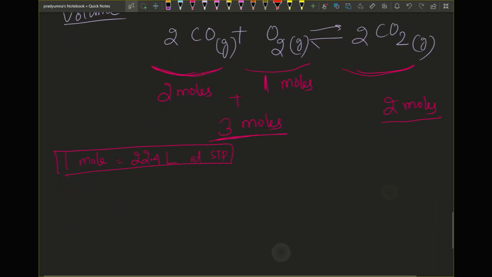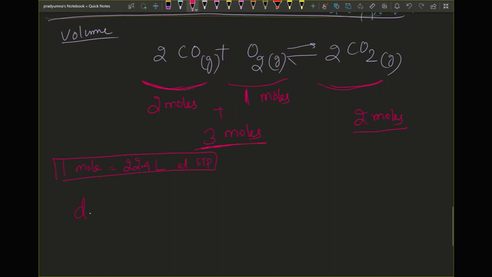So when you decrease the volume, who would be happier? As you decrease the volume, the side that has the lesser number of moles is going to be happier, so the equilibrium will be shifted towards the right side.